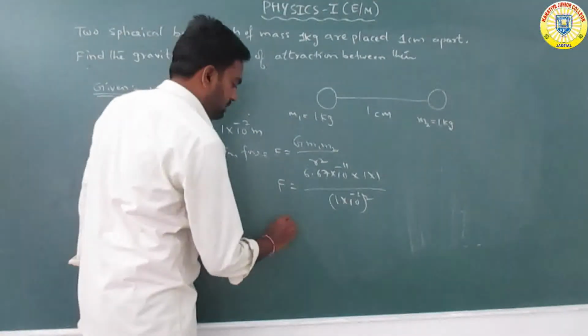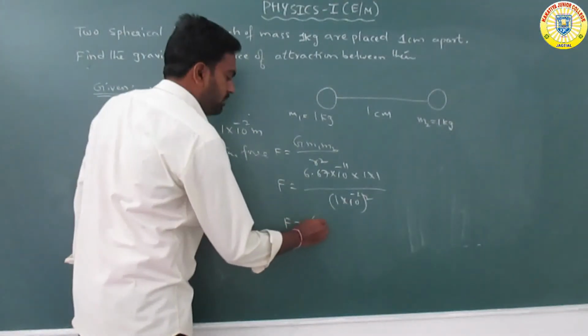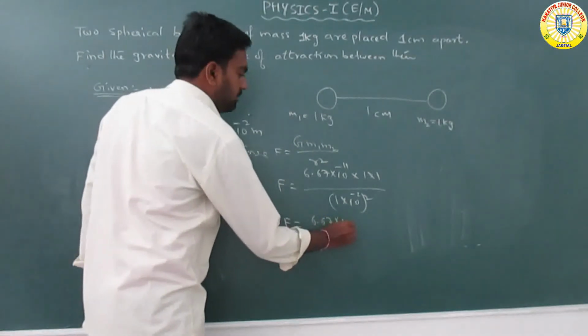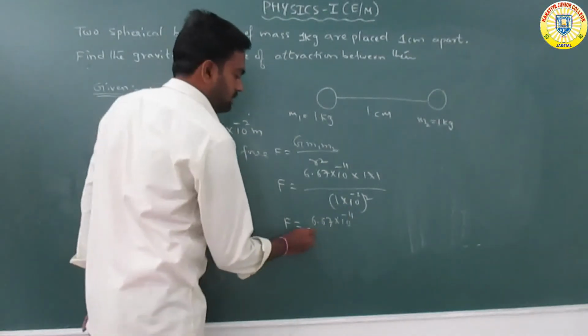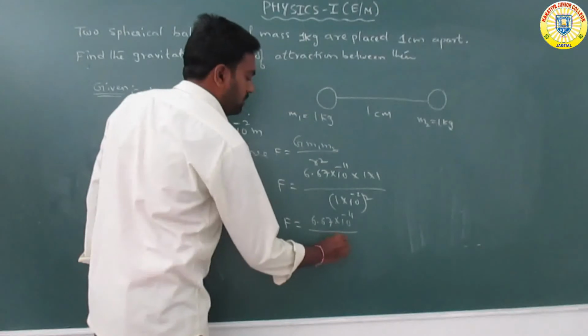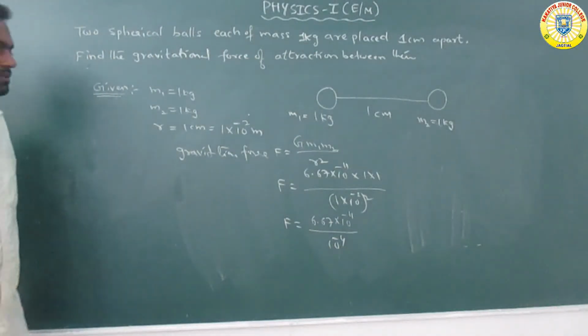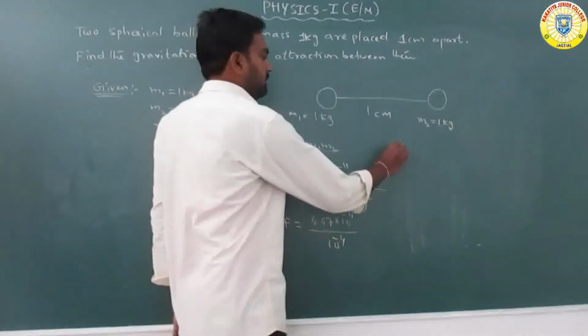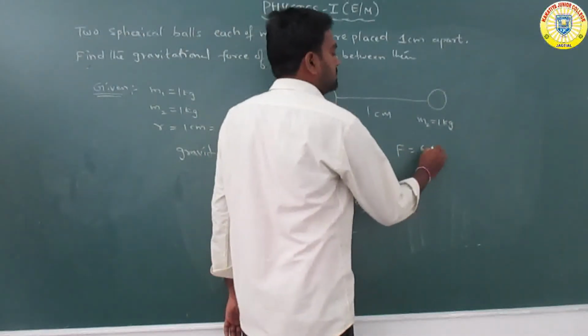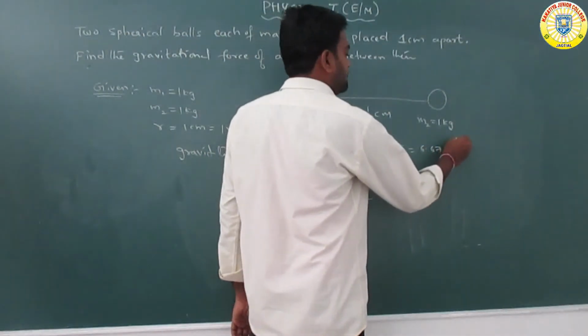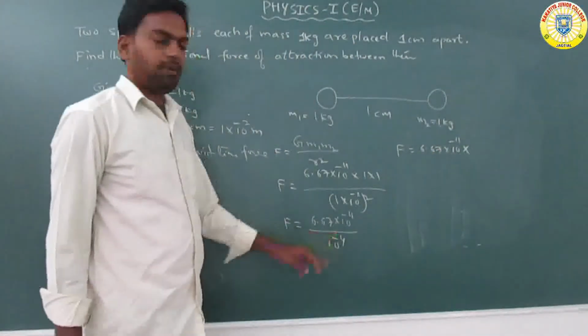So F is equal to 6.67 into 10 to the power of minus 11 by 10 to the power of minus 4.